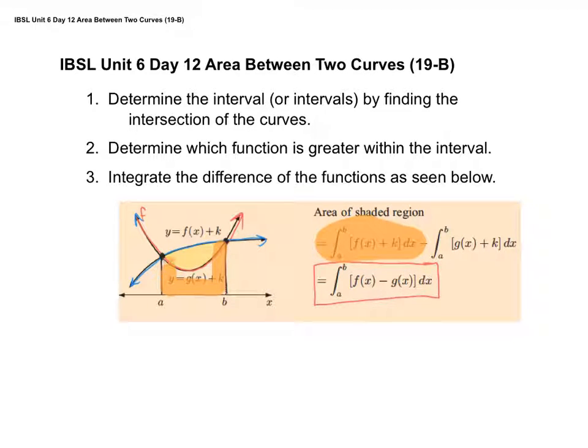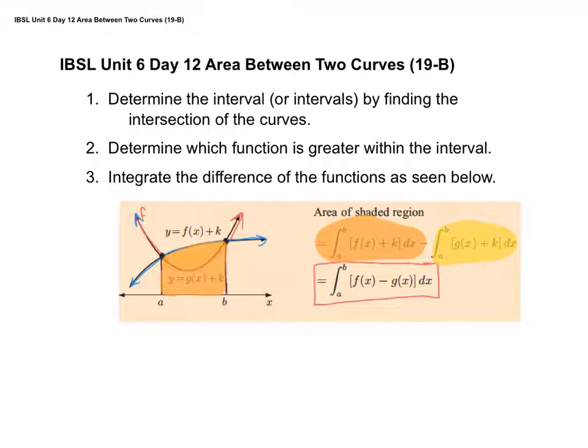Remember, the integral gives us the area under the curve to the x-axis. Now, that includes the area that we want, but it also includes part of the area that we don't want. So basically all we have to do at this point is get rid of the part we don't want. So that's why we have subtraction, and we have here the integral of g of x.